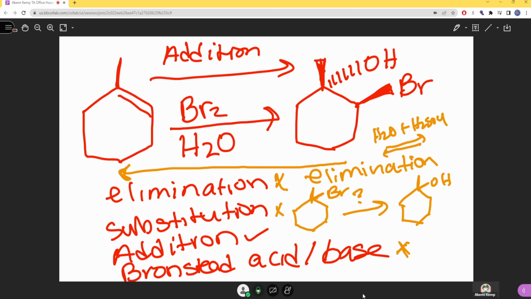Your water would act as the base, and H2SO4, that's sulfuric acid, acts as your acid. After that proton donating, you get H3O plus and HSO4 minus. This is an acid base reaction, but we don't see anything like that happening in this reaction.